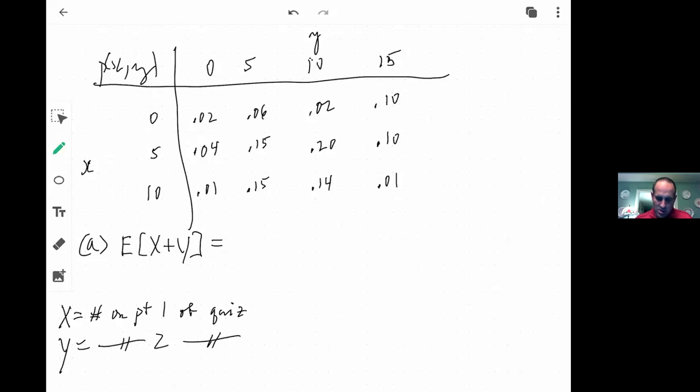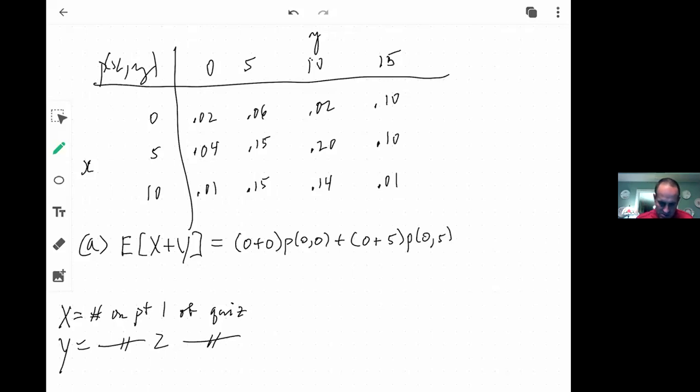Well, you're going to take the actual values that X plus Y could take on. So for instance, 0 plus 0. What is that going to be multiplied by? Well, P of 0, 0, obviously. And then if X is 0 and Y is 5, that's going to be P of 0, 5.